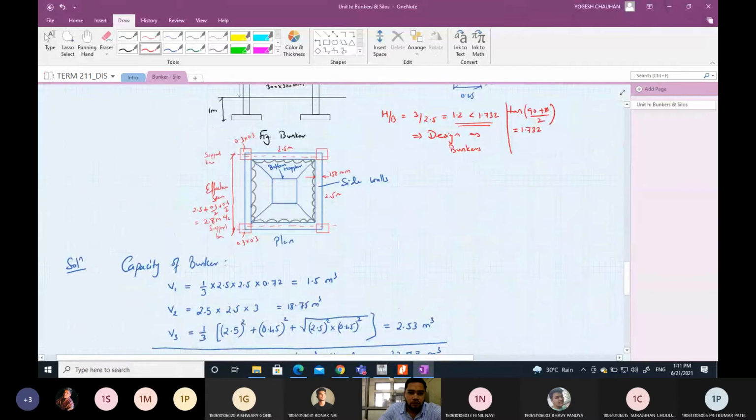Okay, so half the width of this UDL will cause tension in these walls, and the other half of the width will cause tension on this wall. So for each wall the tension will be the horizontal pressure times half the width.